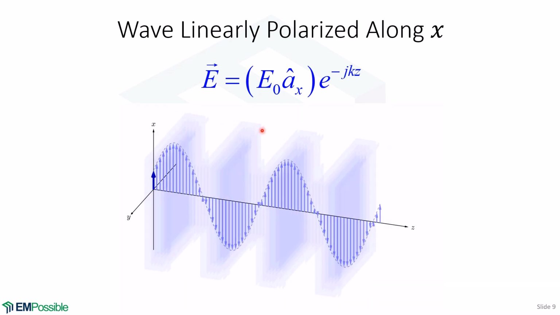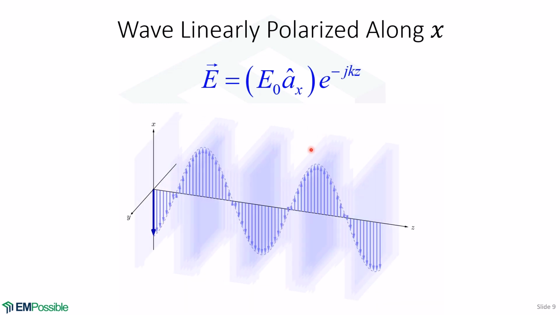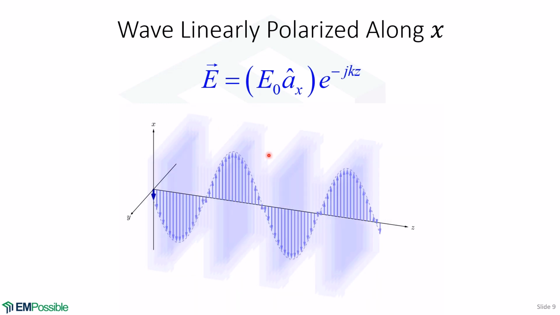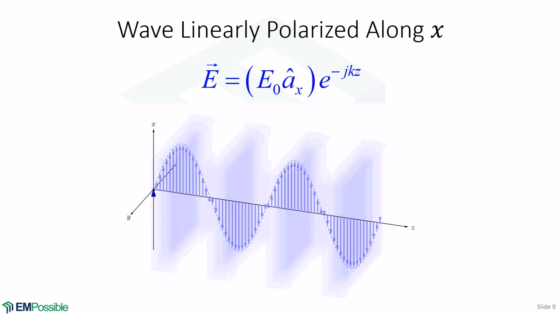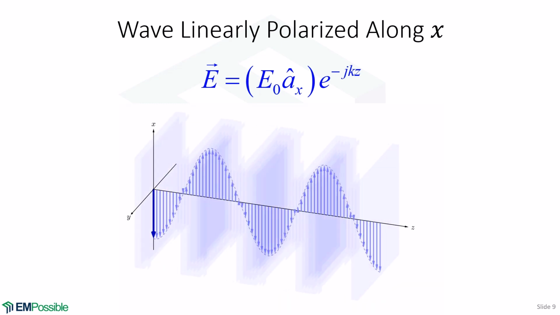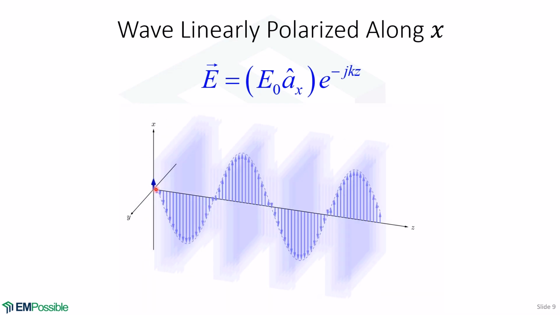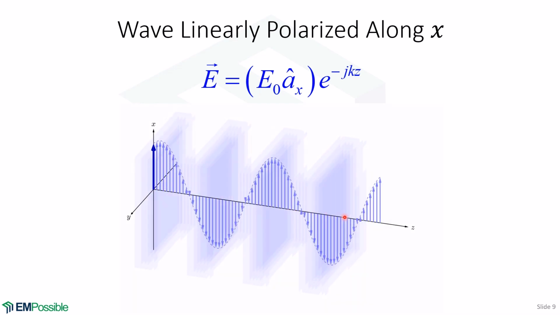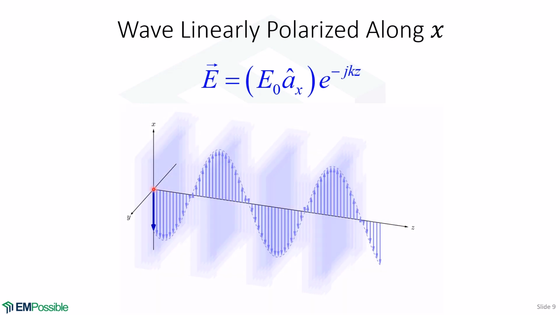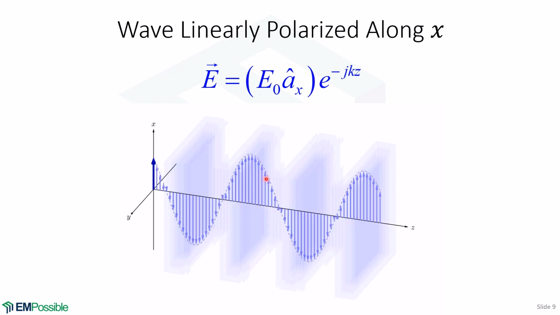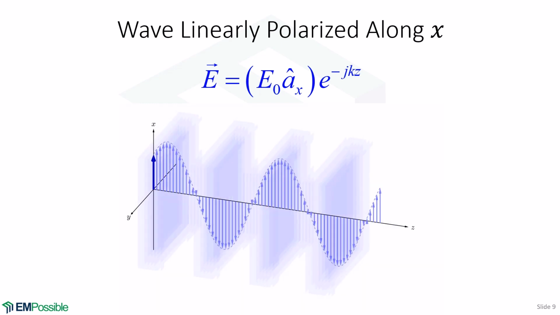And I'm trying to show that with sort of these blue, fuzzy, cloudy regions here. And that really would be what the wave actually looks like, but it's hard to draw that with the polarization and everything. So we just draw the electric field along a single axis, even though it definitely exists off of that axis. So just keep that in mind. But really from this point forward, we'll just be showing those arrows off of the z-axis.